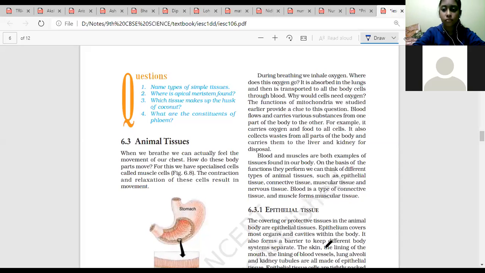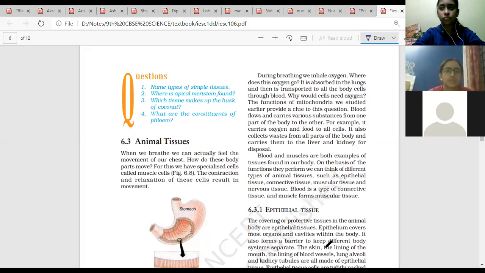So epithelial tissues: different types of epithelial tissues you have to learn, wherever they are present and according to their functions. The types are according to structure actually. Simple squamous epithelial tissues, the simple type of epithelials, are called squamous.